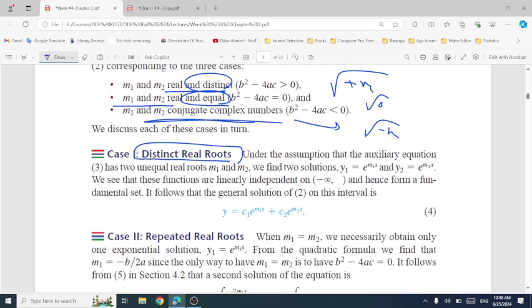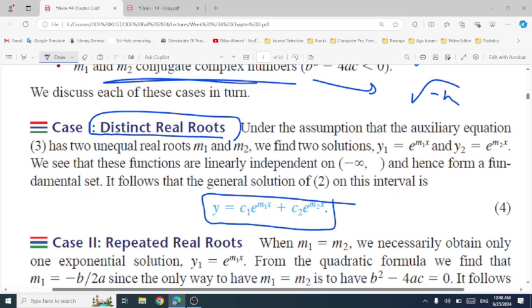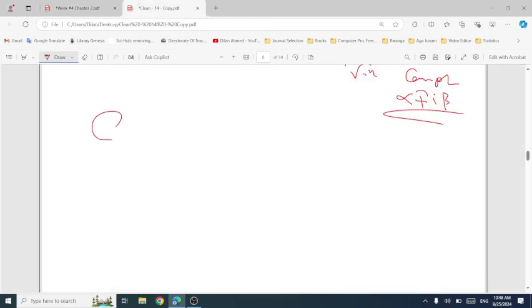If I have 2 distinct real roots, please highlight this in yellow.